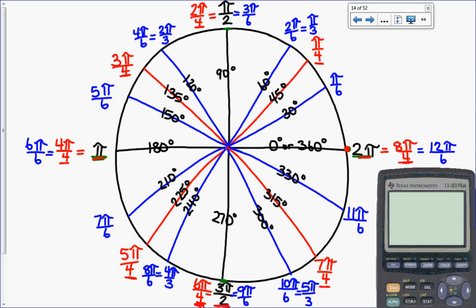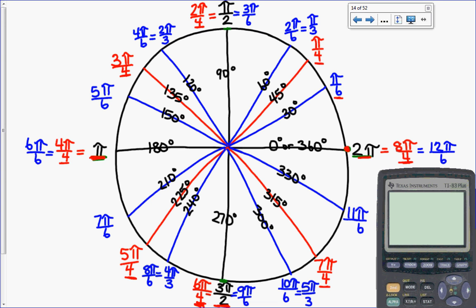Then if we trace my 30 degrees, which are the blue lines on my unit circle, what I've actually done is split that top arc of my circle. In other words, I've split pi into 6 equal segments, and that gives me my 6's.